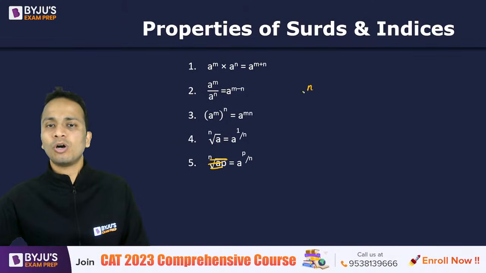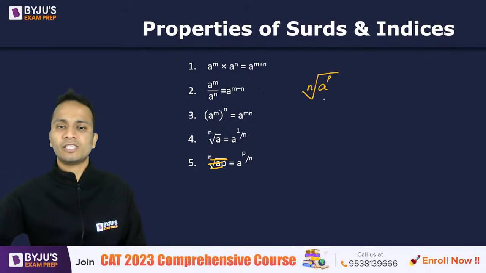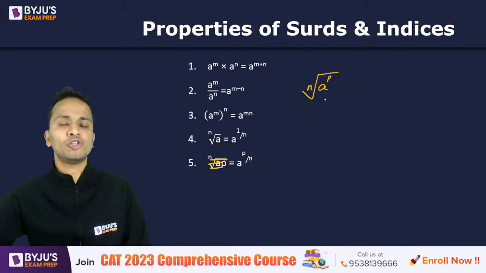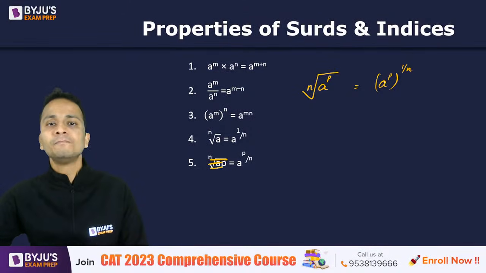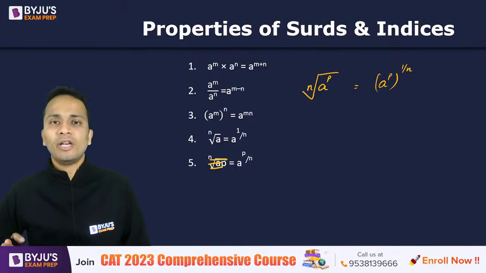So nth root of a raised to the power p is this number. Okay, nth root of a raised to the power p. Now this will be written as a raised to the power p as it is, and from the previous property nth root will become a fractional power, that is 1 upon n. Right? So a raised to the power p whole raised to the power 1 upon n.